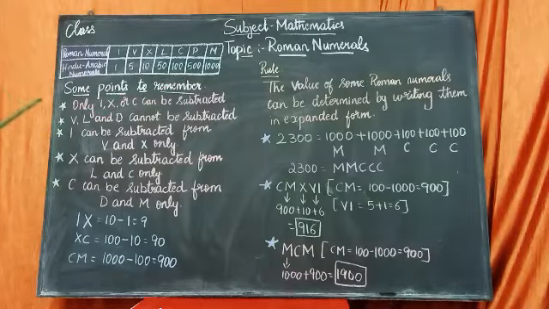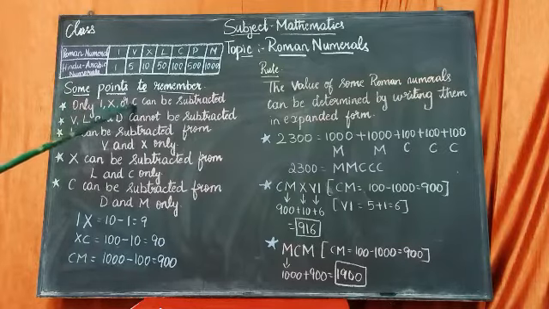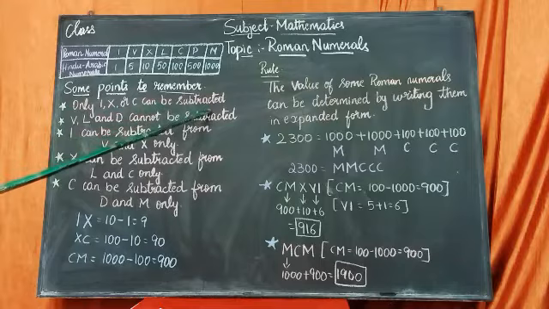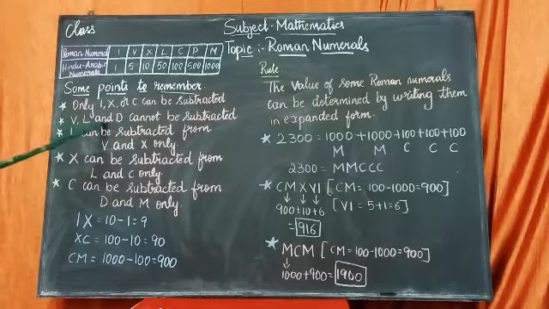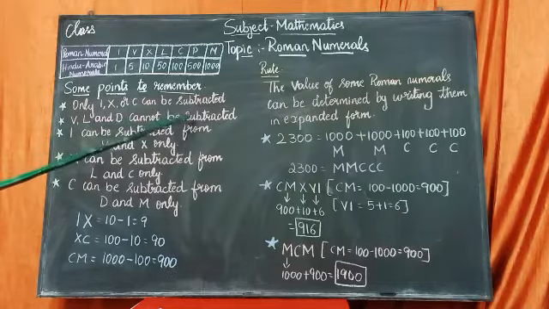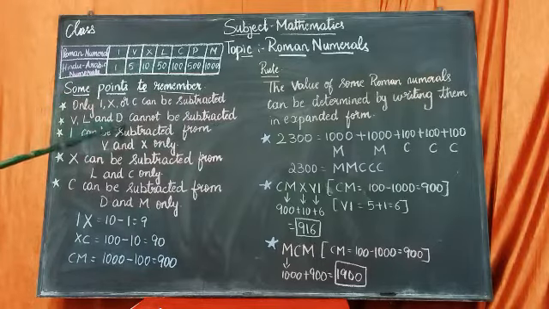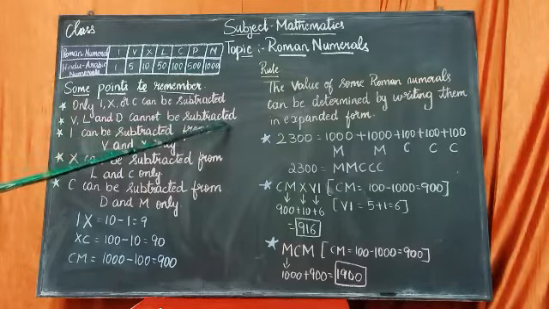So first point here is only one X or C can be subtracted. Next point, V, L and D cannot be subtracted. V here stands for 5, L stands for 50, D stands for 500. So V, L and D cannot be subtracted.